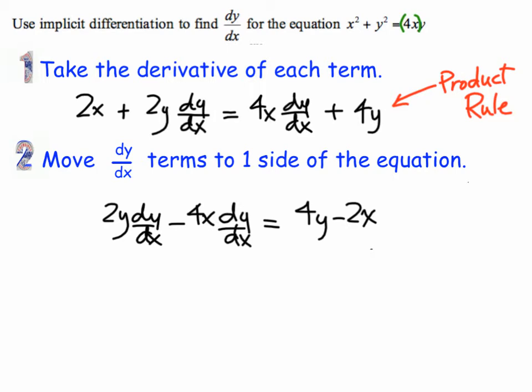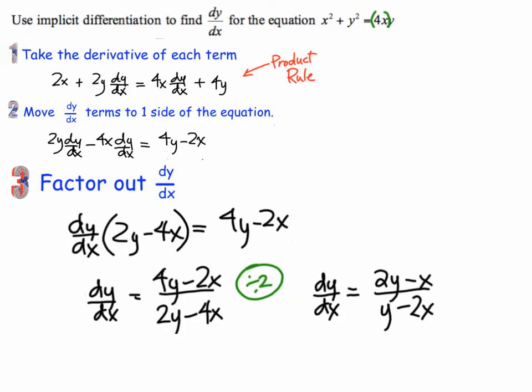Next, what I'm going to do is factor out the dy over dx because I can see that they're common on the left-hand side of the equal sign. So if I factor out dy over dx, then I'm left with 2y minus 4x in brackets equals 4y minus 2x.